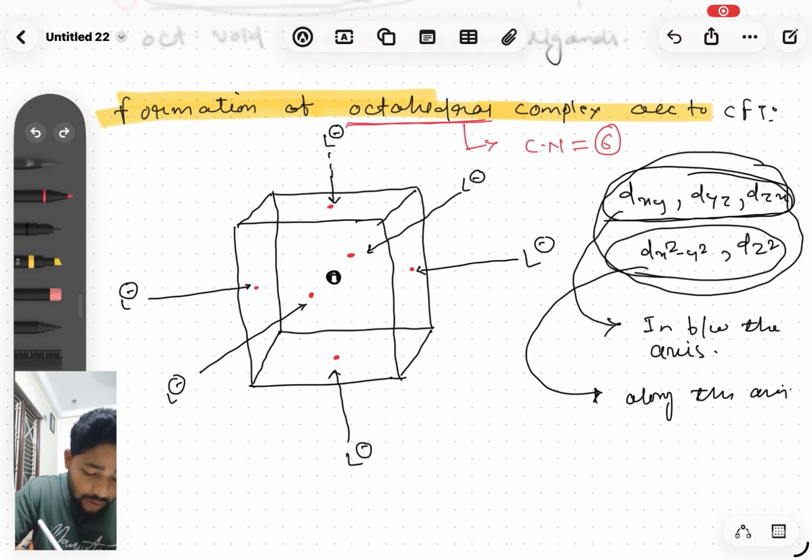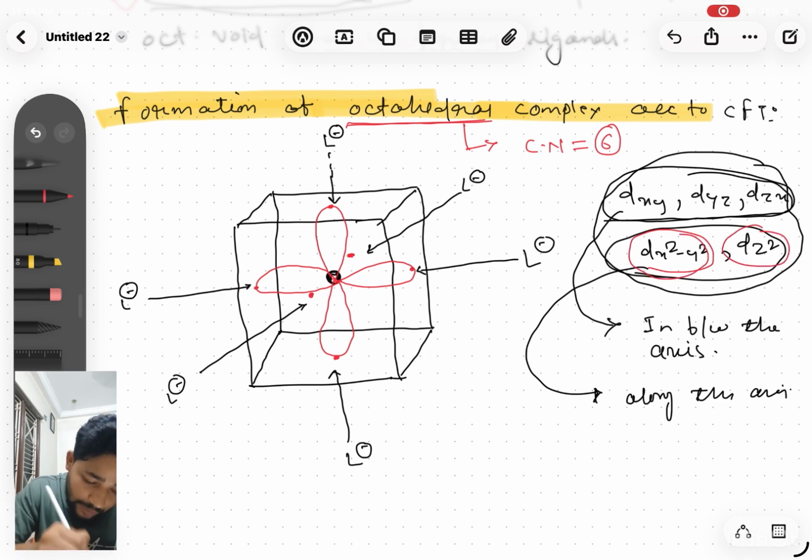Here this is your orbital. Which orbital is this? This is, suppose, the dx square minus y square orbital, which is present along the axis. And the dz square is perpendicular to this. Okay, see, this one is perpendicular to this. This is your dz square.